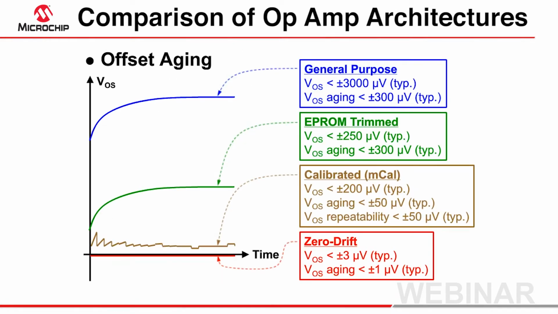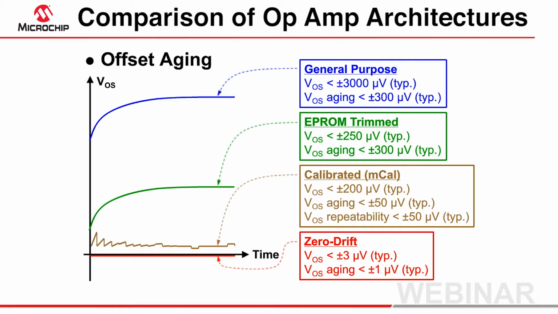This slide highlights several different amplifier architecture types and how the offset voltage changes as a function of time. Now the blue line near the top represents a general purpose amplifier, meaning an amplifier that does not have any sort of offset correction circuitry. As you can see, the initial offset is relatively high, and offset will continue to move over time.